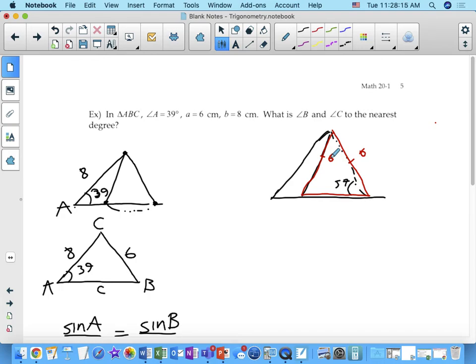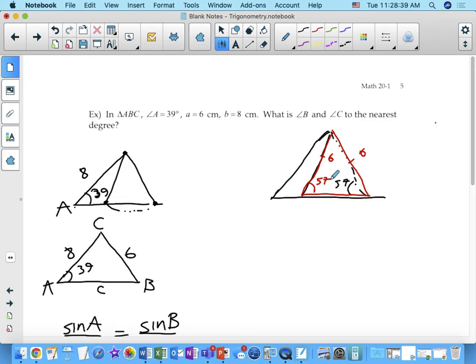So what would this angle down here be? If this one was 57, that was in the triangle that we just figured out, this angle would also be 57. Okay.